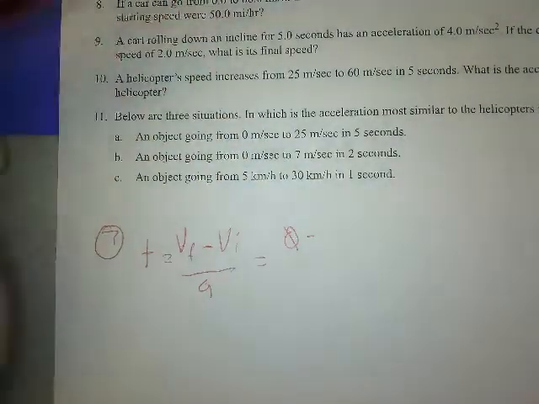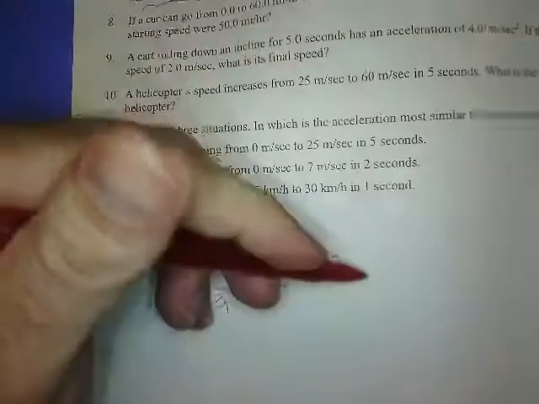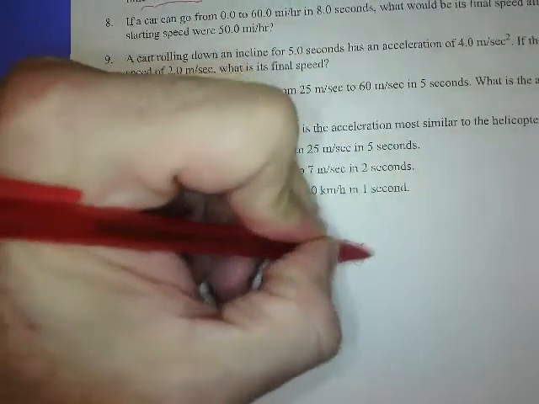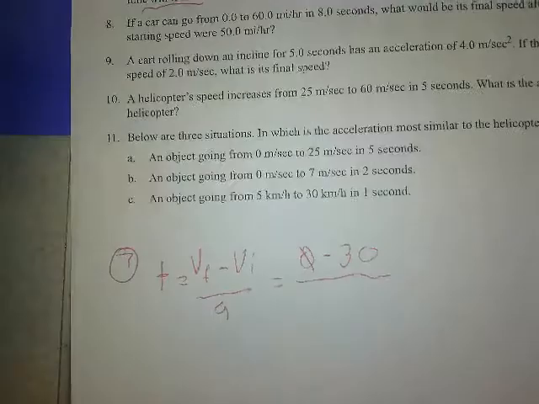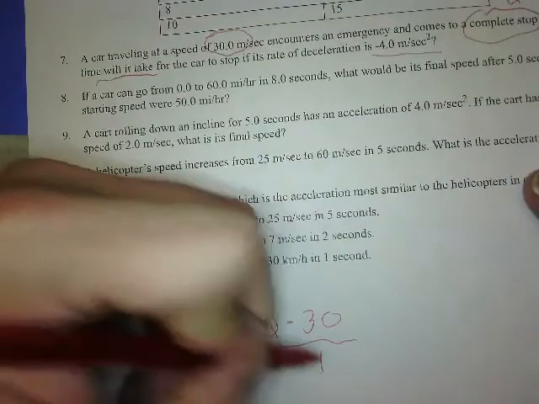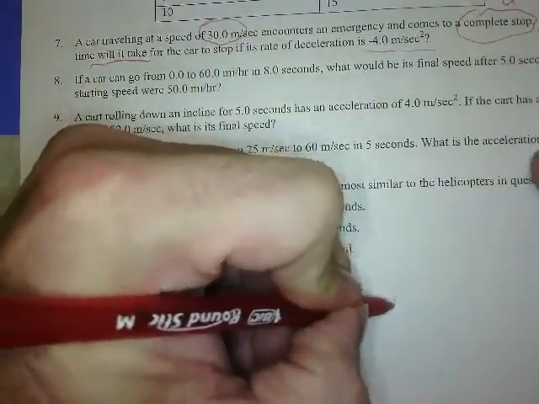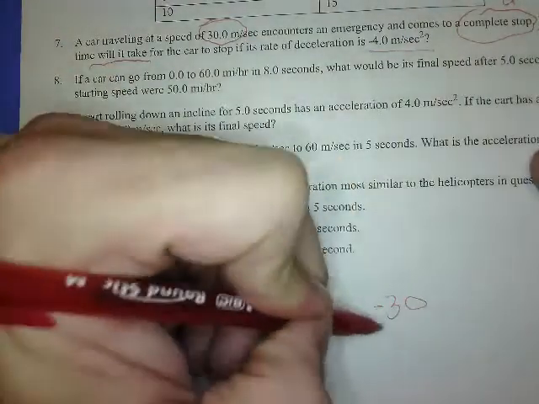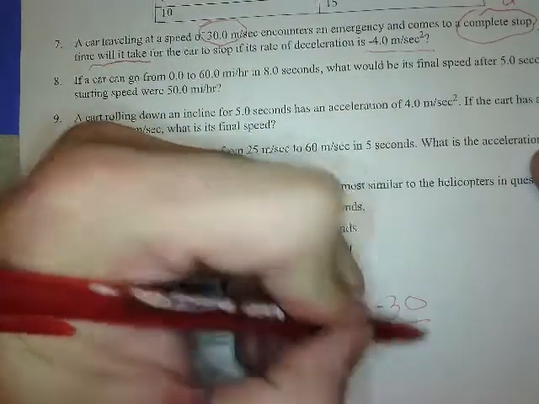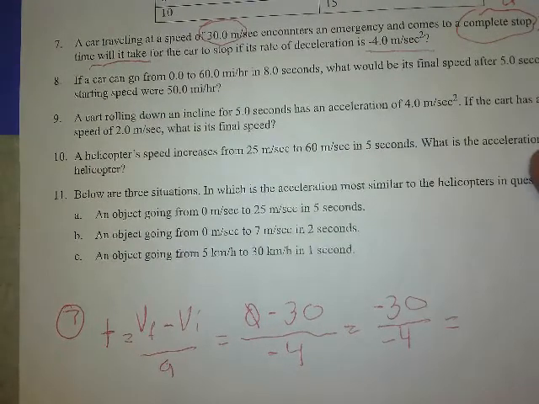Alright, remembering that this is number 7, and our equation for time is velocity final minus velocity initial divided by acceleration. Back to our problem. So we have our initial velocity, we have our final velocity, complete stop, which is 0, and we have our deceleration right there.